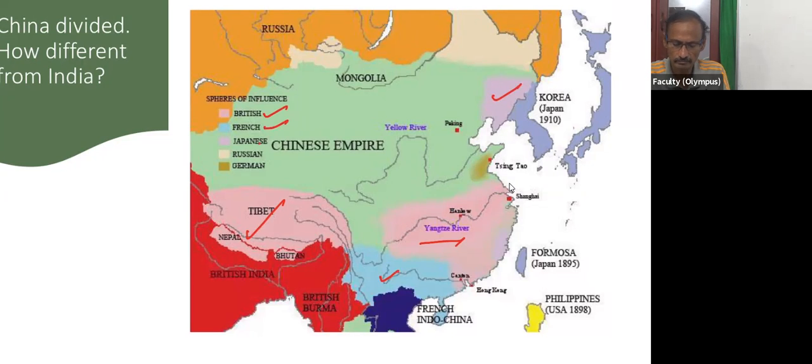Russian, something here. German, somewhere here. So these European powers had their sphere of influence or some kind of control over certain regions.